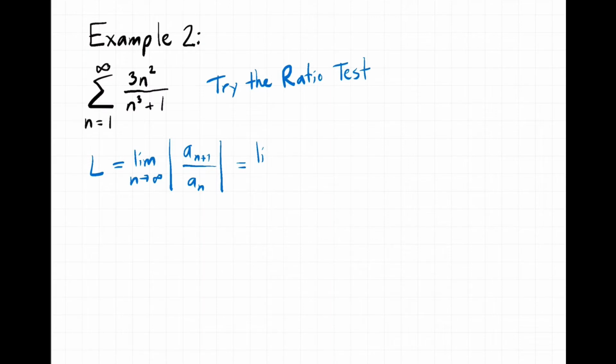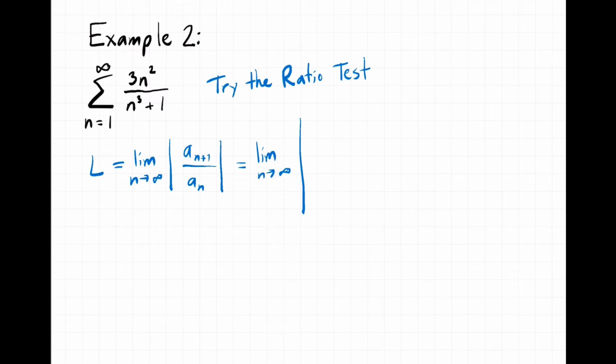And that is the limit as n goes to infinity of, again, we're going to have this big fraction here. Instead of taking a fraction divided by a fraction, I will take the top fraction and multiply by the reciprocal of the bottom fraction right at the beginning, so I can save myself space and frustration.